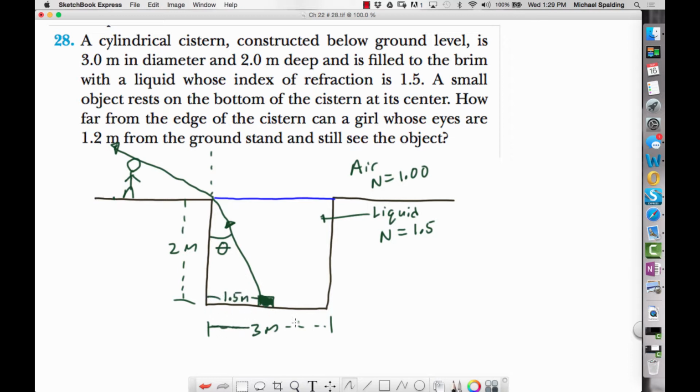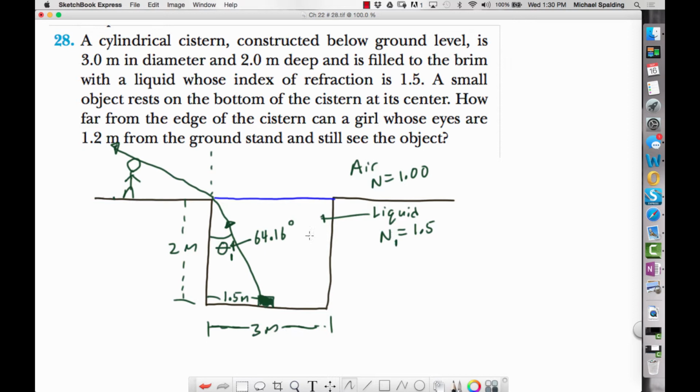If the diameter of the bottom is 3, then half of that's 1.5. So using trig, we can figure out that this angle right here is 64.16 degrees. Okay, now let's call this theta 1.